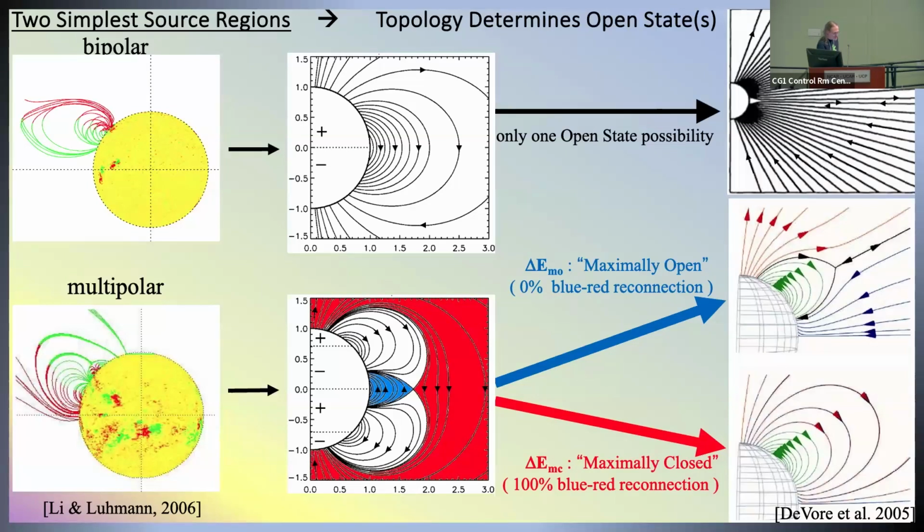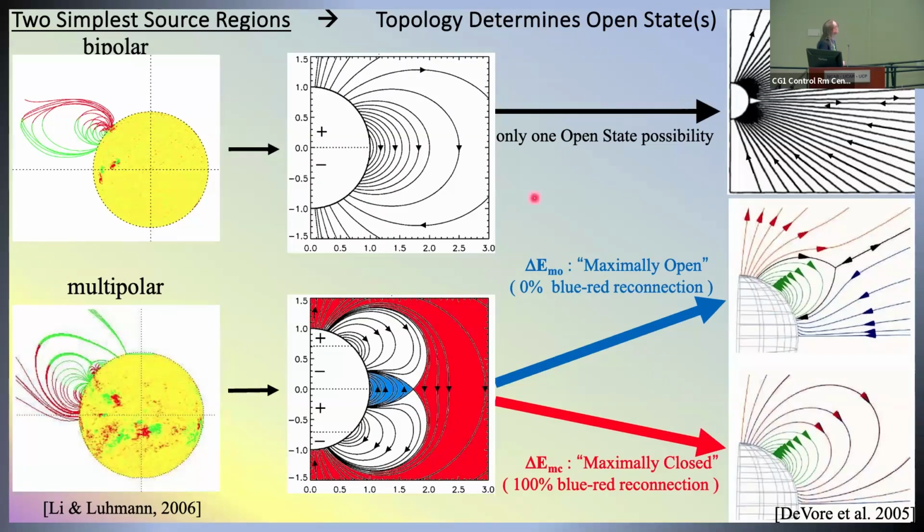So what does that mean in terms of energy? Well, there's a kinetic energy floor about how much energy you need to get through the overlying field. There's also a magnetic energy ceiling associated with the global topology of your configuration.